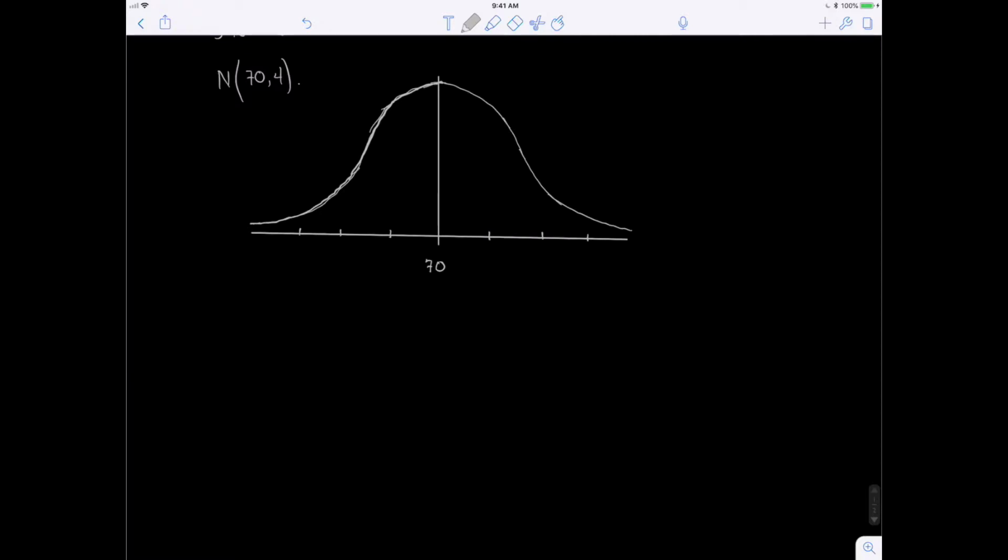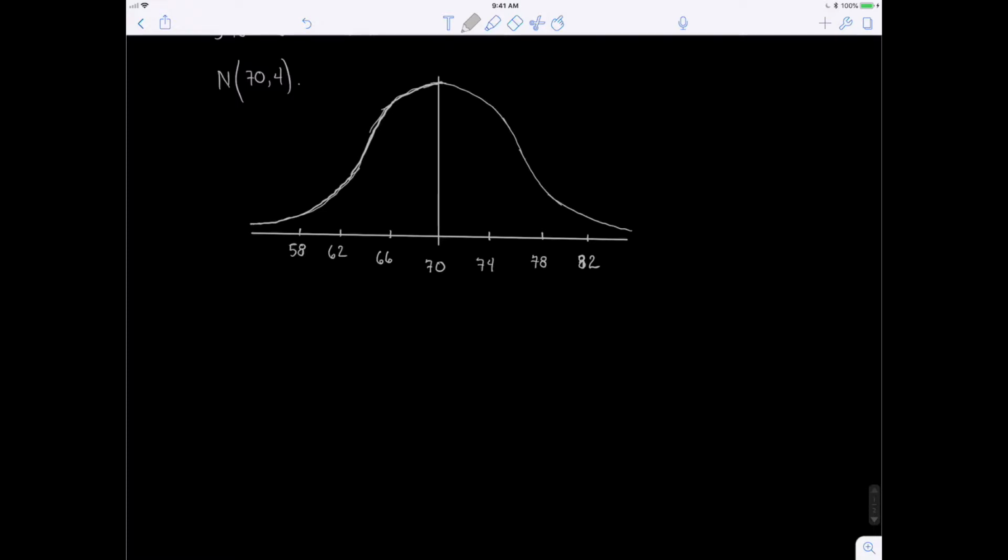If I start at 70 and move to the right, I add 4 to get 74, another 4 to get 78, and then 82. Going the other direction, starting back at 70, I subtract 4 to get 66, then 62, and then 58. This is the normal distribution that represents the heights of American males.